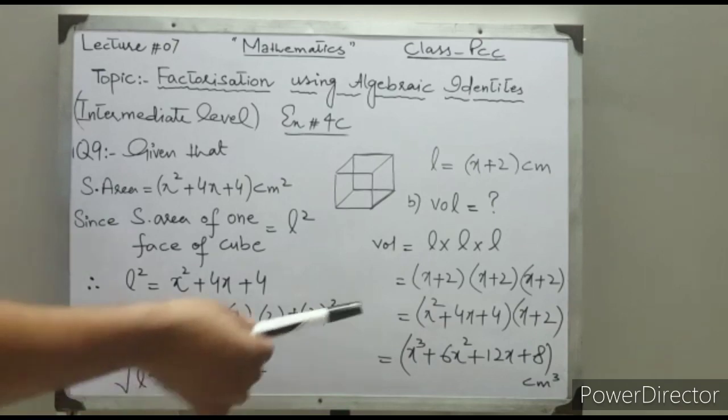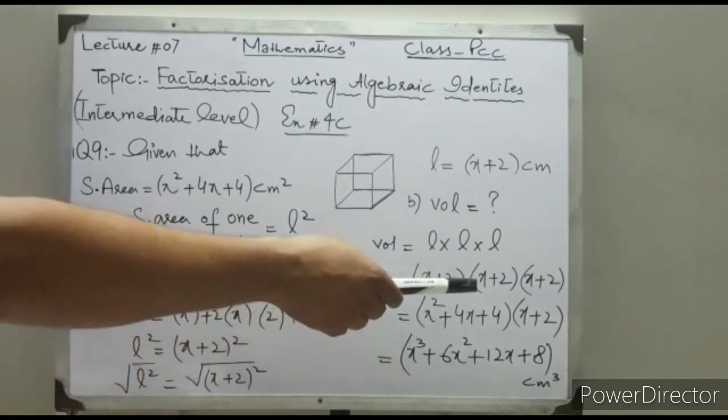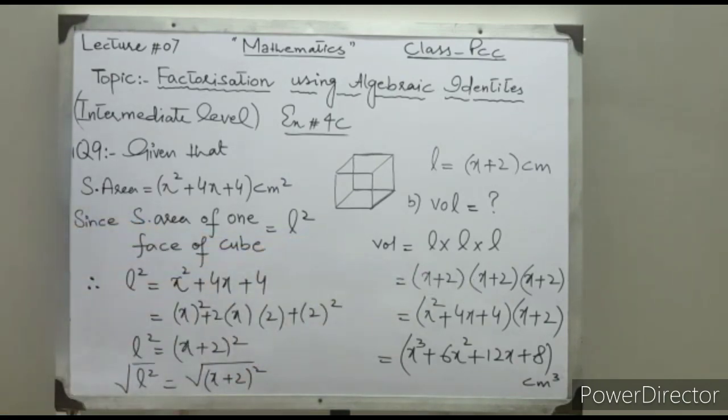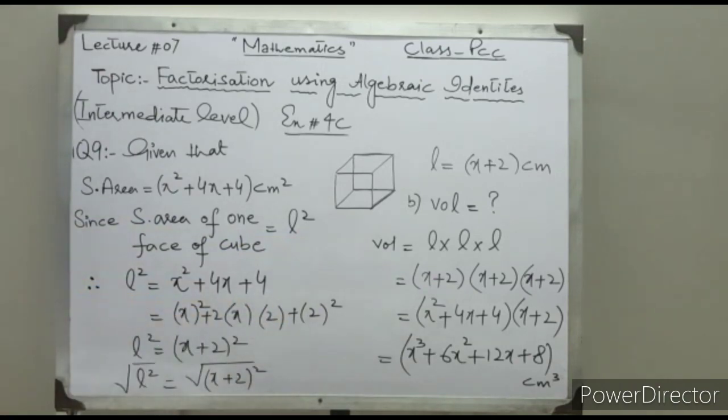First of all, we will multiply any two brackets. We will get the expression x square plus 4x plus 4. Then multiply this by x plus 2. The final answer you can see on the board, which is x cube plus 6x square plus 12x plus 8 cm cube. This is the last question of the intermediate level.